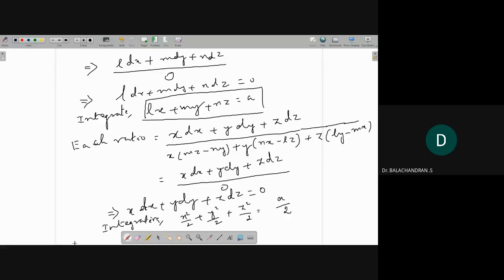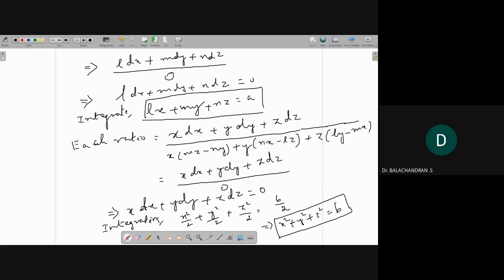Already we chose a, so it's better to choose b by 2. Multiplying throughout by 2, you get x square plus y square plus z square equal to b.